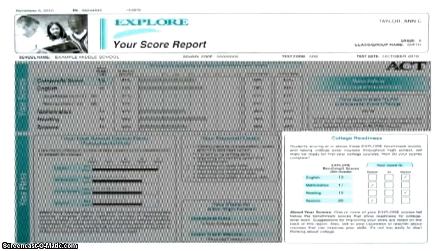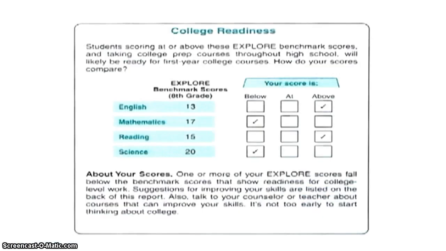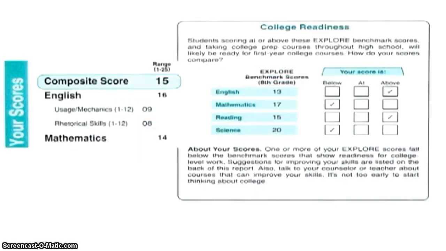Lastly, in the Your Plans section, let's look at the college readiness box. The Explorer test has set benchmark scores for students that are on the track for a successful college experience. We need to compare your content area scores with the benchmark scores.